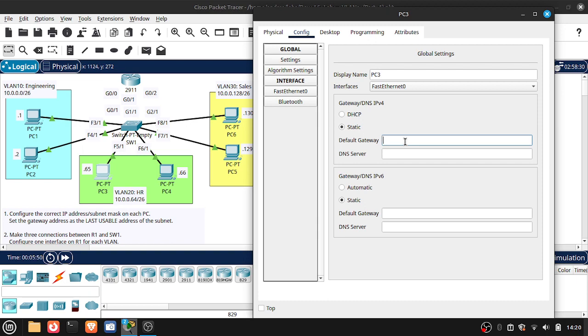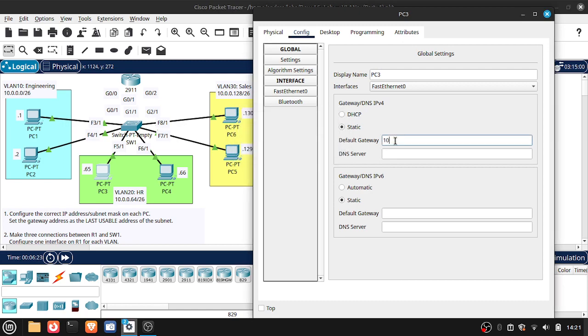That's going to be 128, and the last usable address is going to be 126, because 127 is the broadcast address of the second network. So we're gonna use 10.0.0.126 we said. Okay.